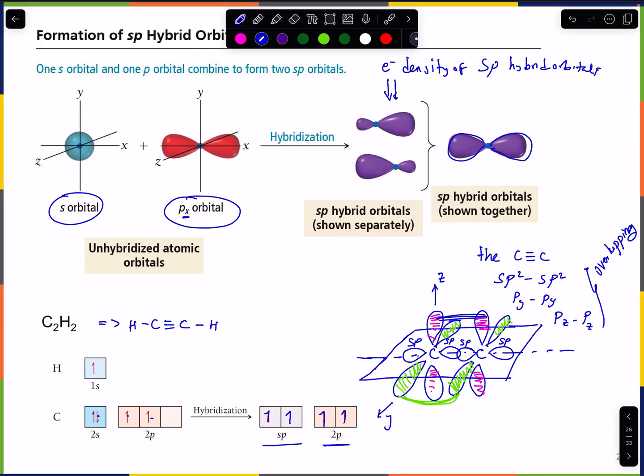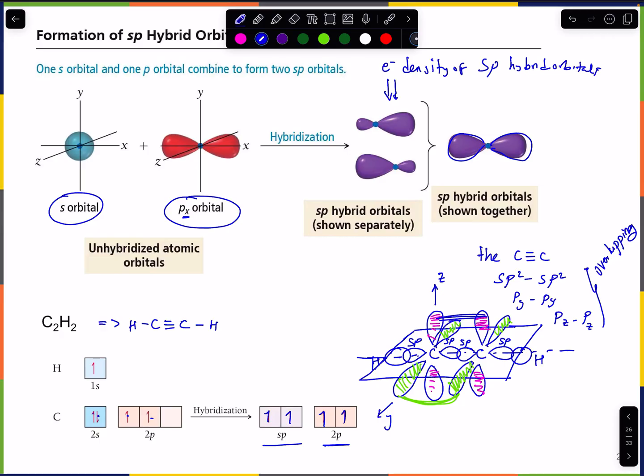Right? We have three regions where orbitals are overlapping, and that's the reason why we had a triple bond. Well, the other sp orbital on these carbon atoms will be used to make the corresponding bond with the hydrogen atom, right?